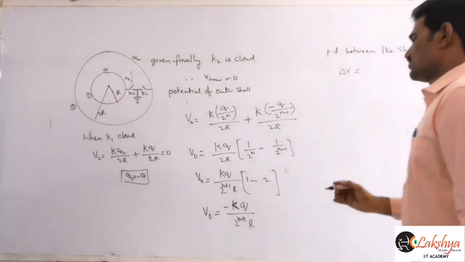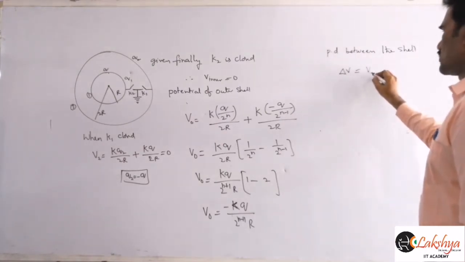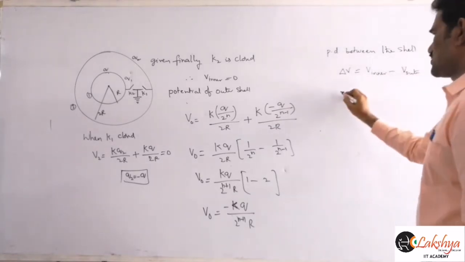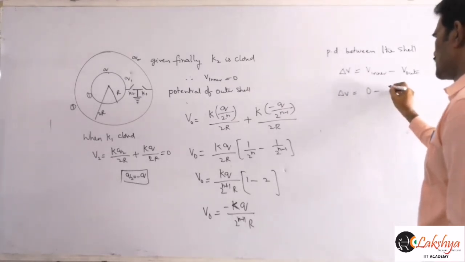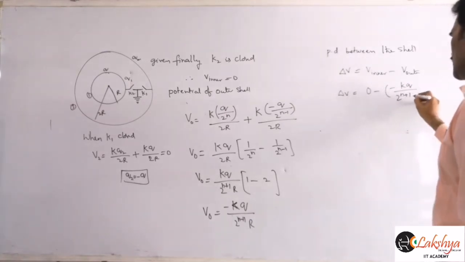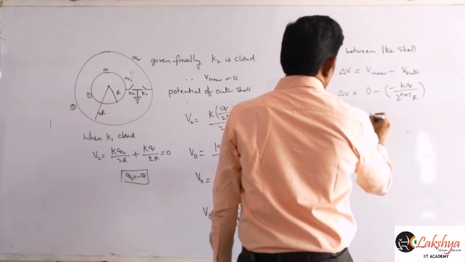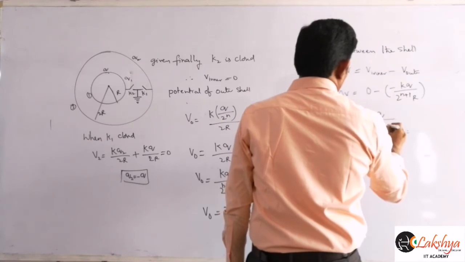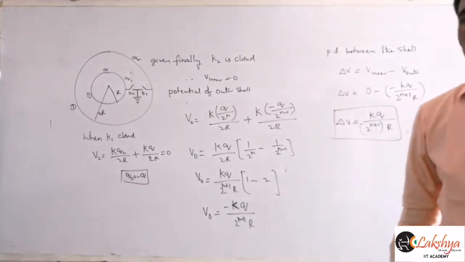So delta V is equal to, I can write this as potential of inner shell minus potential of outer shell. They are asking just the potential difference, so this order is not important, we just need to write the magnitude of that potential difference. If particularly they are asking the difference between inner and outer, then we need to take in that order only. So finally we can write this as kq by 2 power n plus 1 into R. So this is the final potential difference between those two shells.